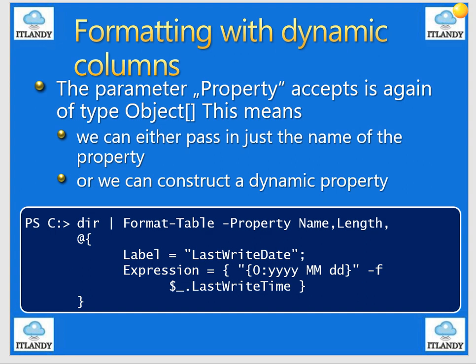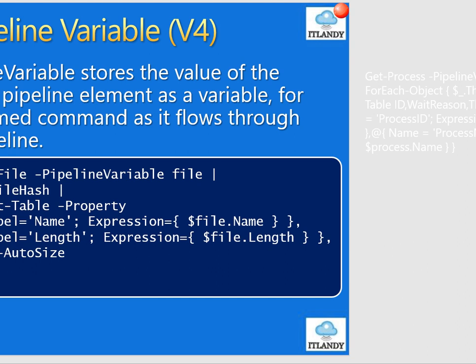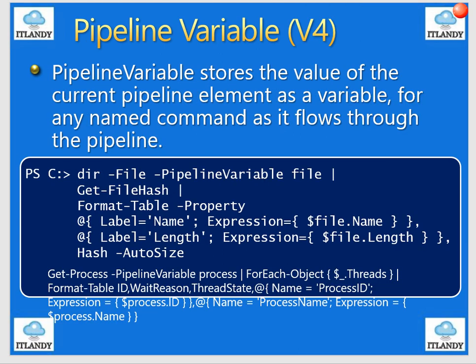Next is piping, and here we can see the pipeline variable. Pipeline variables store the value of the current pipeline element as a variable for any named command as it flows through the pipeline.